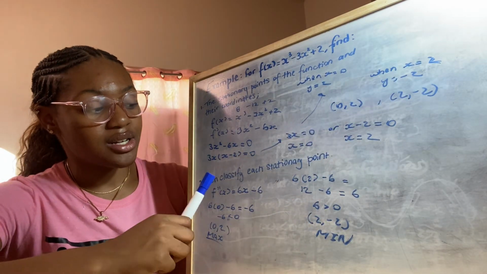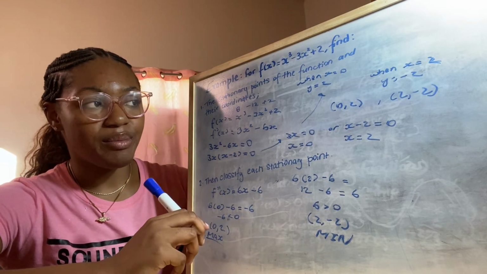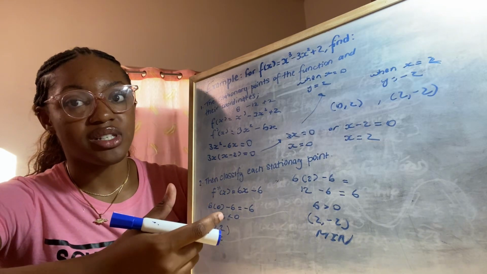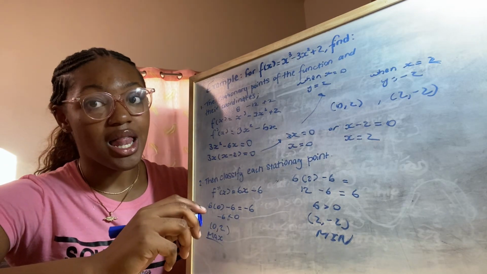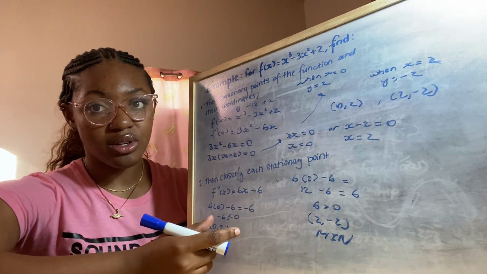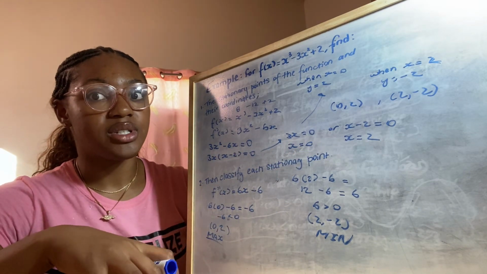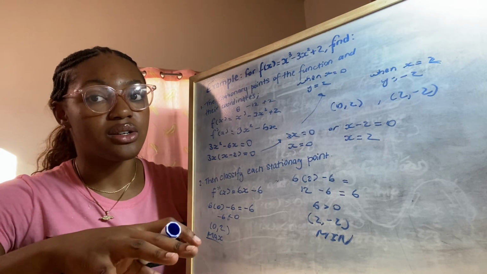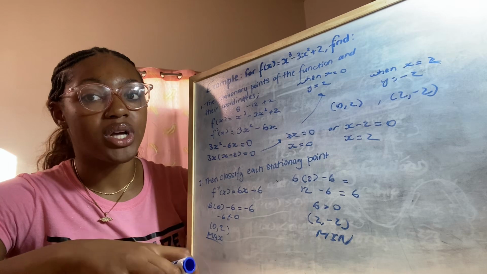And in order to classify each stationary point, you basically have to use the second derivative. Recall that if the second derivative is less than 0, when we substitute the x value, it's going to be a maximum point. If the second derivative is greater than 0, when we substitute the x value, we're going to get a minimum point.